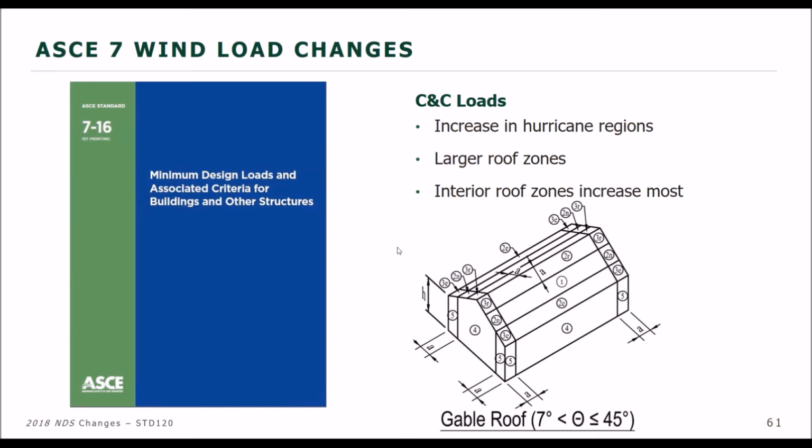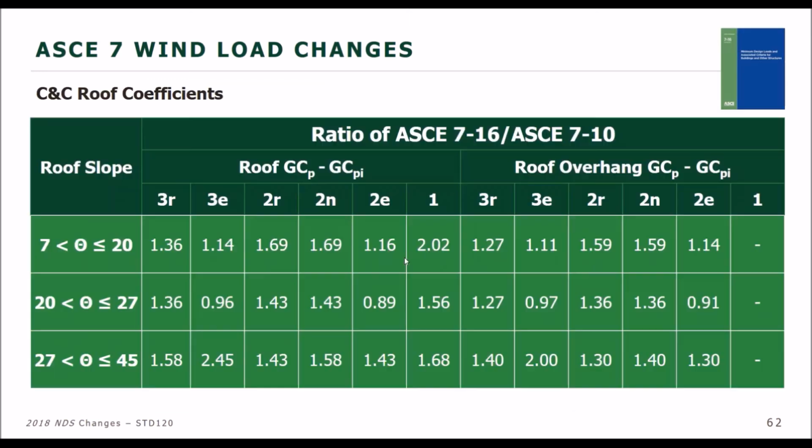In New England, where the wind speeds went down, and out west, where they went down, you're not going to see those increases because they're going to be offset by some of those wind speed maps and elevation factors. So along the hurricane regions of the coast is really where we're going to start to see some pretty significant increases in wind loads.